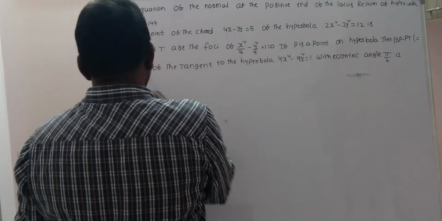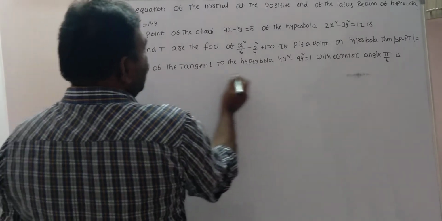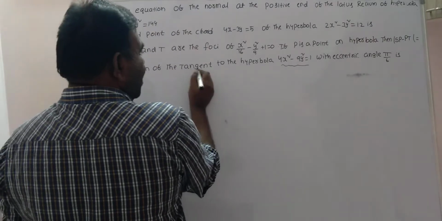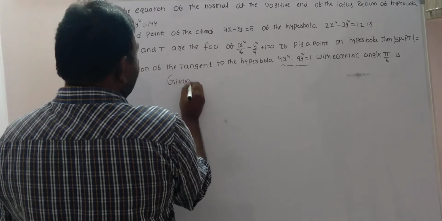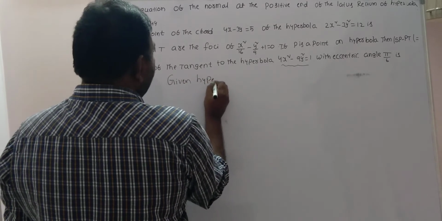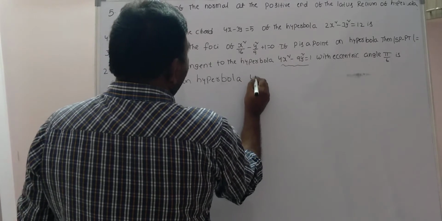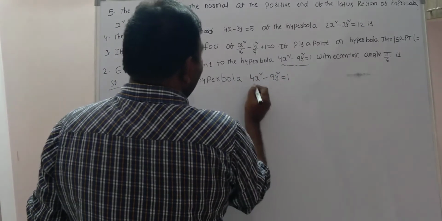Now the second solution. Here also he gives us a hyperbola. He wants the equation of tangent. So the given hyperbola is 4x square minus 9y square is equal to 1.